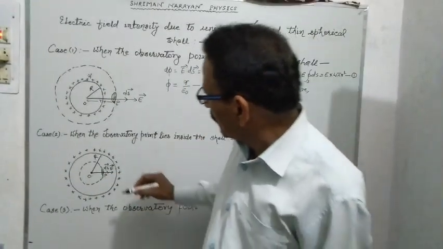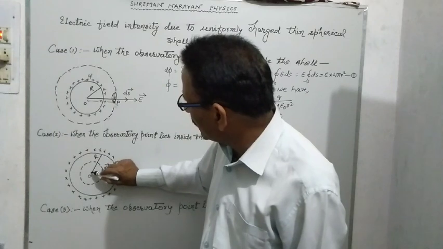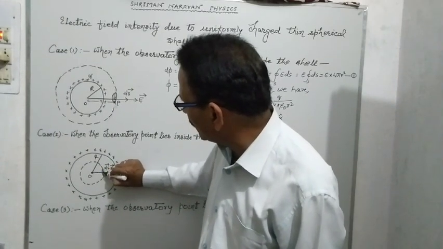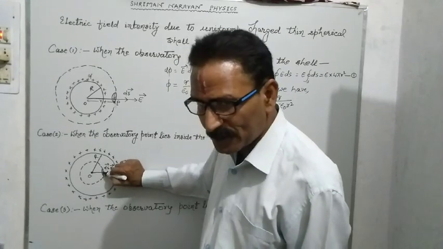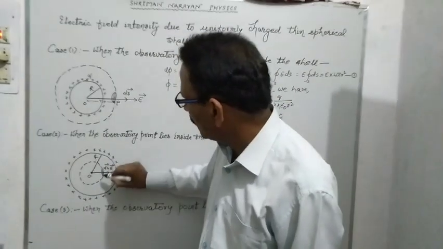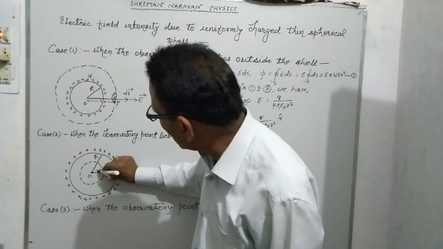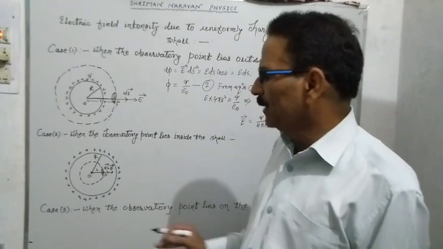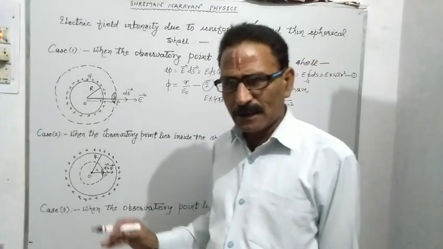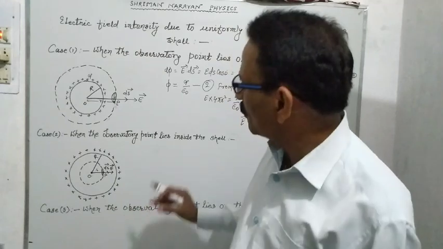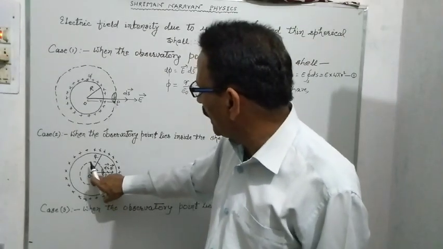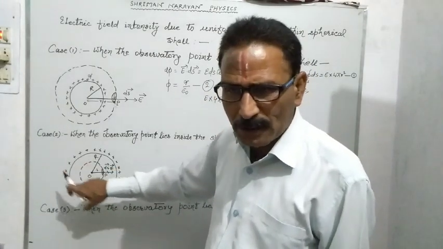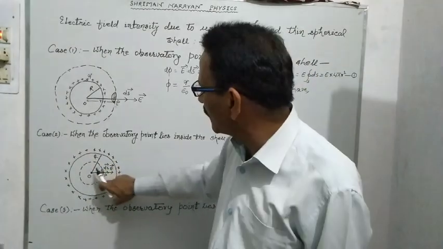Now the distance OP, that is the distance joining the point O to the observatory point P, is equal to a small r. Again we will draw a Gaussian spherical surface. Taking the center O and OP as the radius, we will draw a Gaussian hypothetical spherical surface.